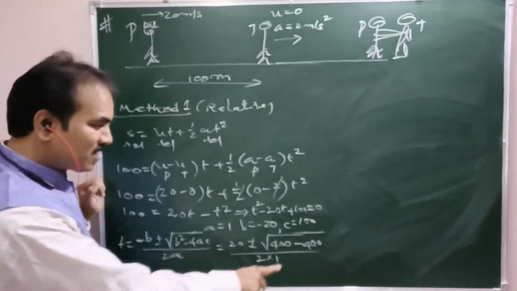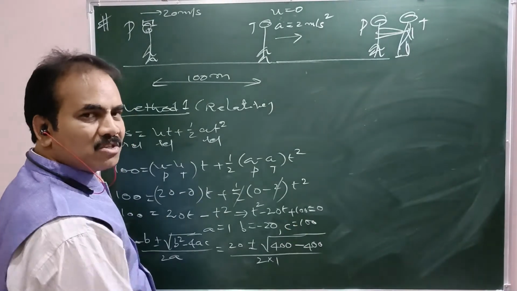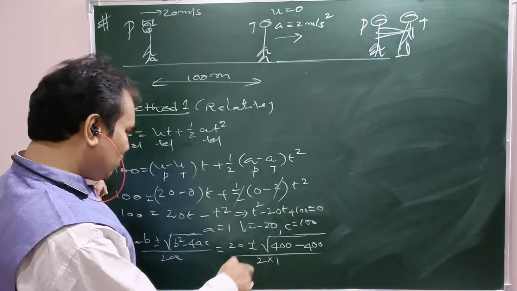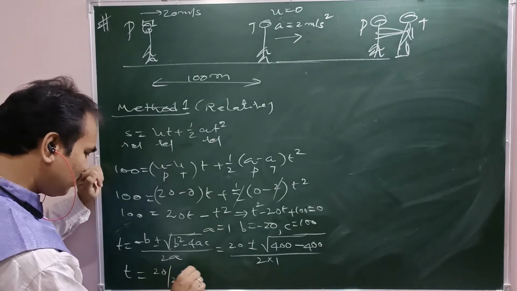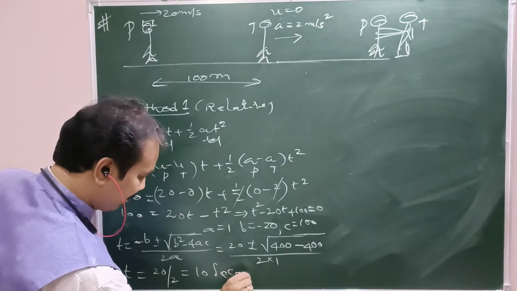So 400 minus 400 is 0. Root 0 is 0, so we are left with 20 by 2. So t equal to 20 by 2, that is 10 seconds.